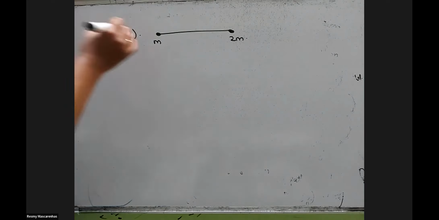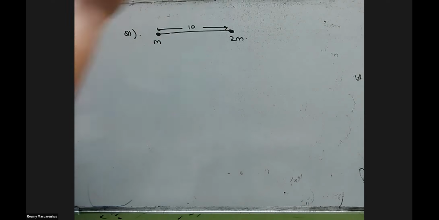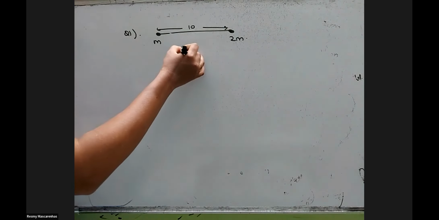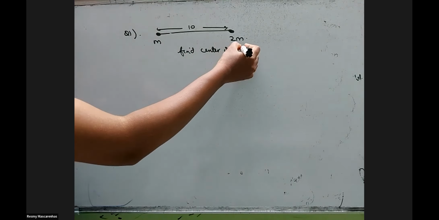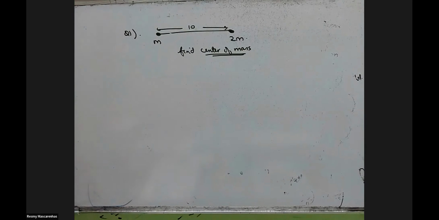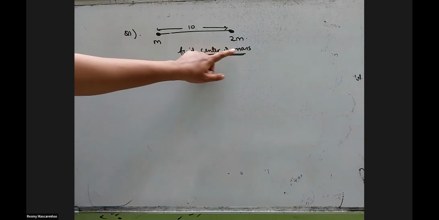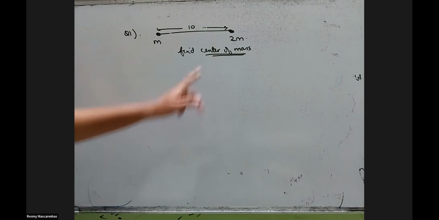And suppose distance between them is given as 10. Find center of mass. Whenever we are saying center of mass, we are not finding mass, we are finding the center, the position.